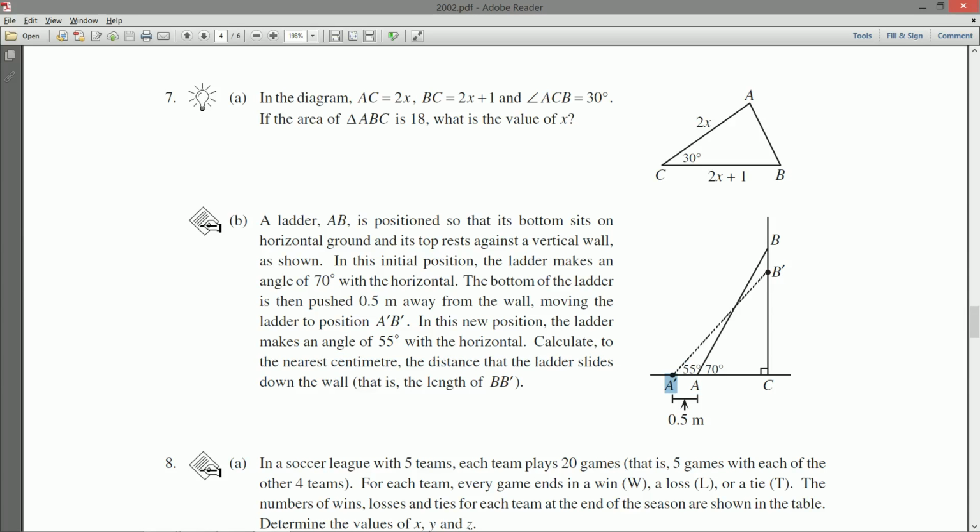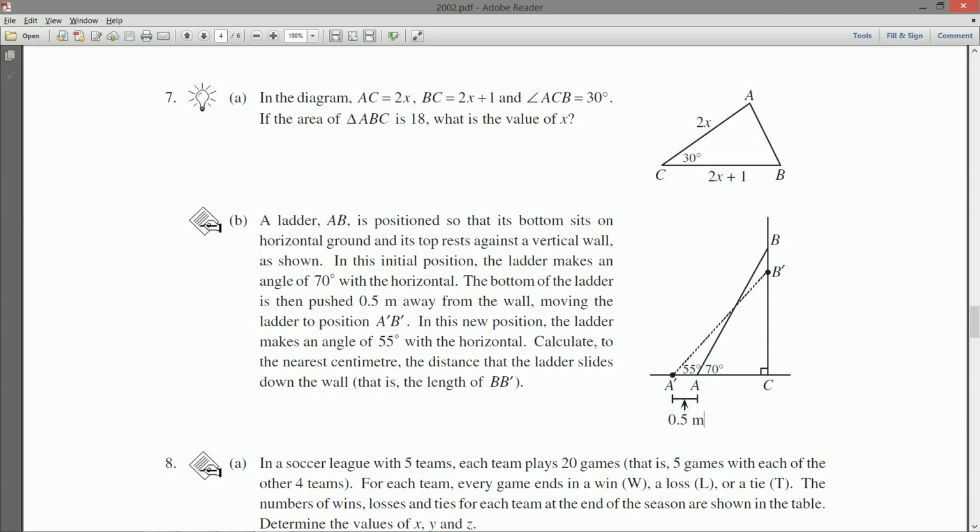All right. So we got 2 right angle triangles here, and we know some angles, 55 and 70. We don't know the length of the ladder. So I would say, first things first, let's convert the 0.5 meters into 50 centimeters and redraw our picture.